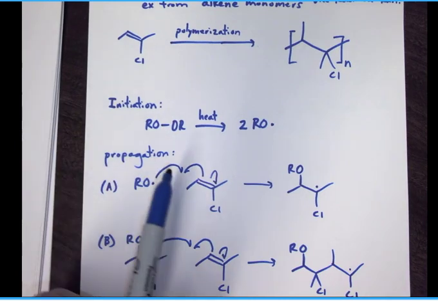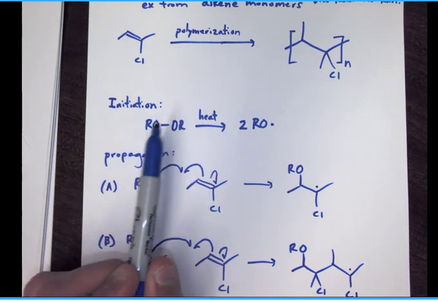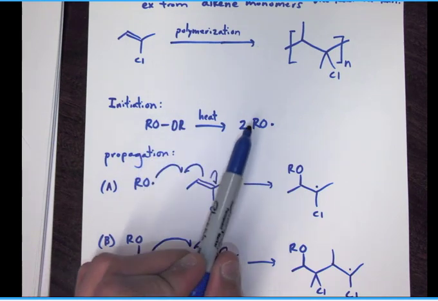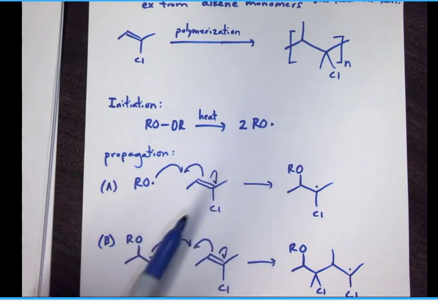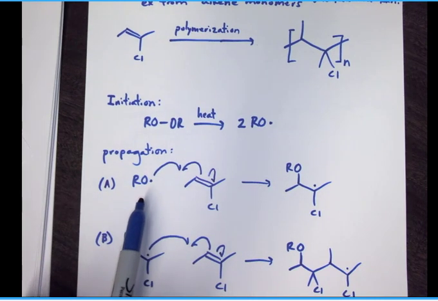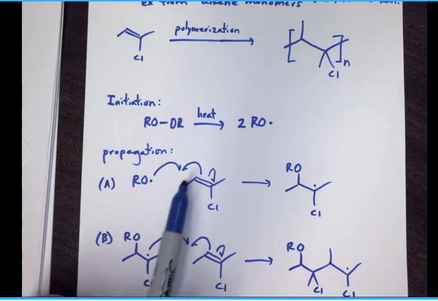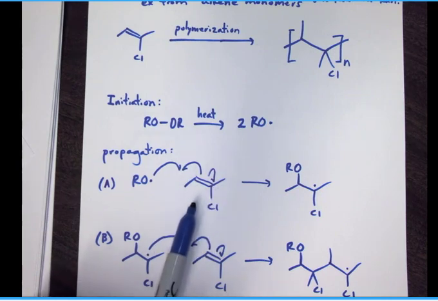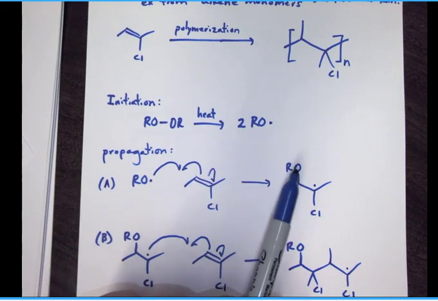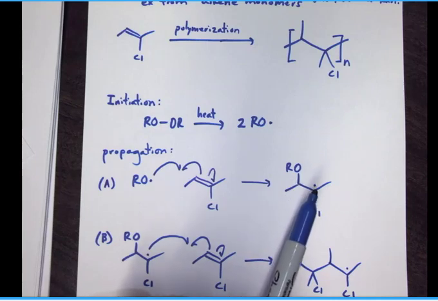You have an initiation step. Typically we see that happening with a peroxide, an organic peroxide of some kind, so in the presence of heat you do create these peroxy radicals, and then under the propagation steps here, your peroxy radical will react with a non-radical alkene, and you'll see that you'll add that OR to the structure, and now your radical is the other carbon, right?